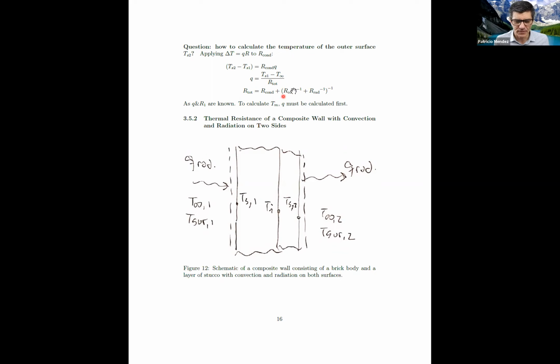For parallel circuits, the reciprocal of the total resistance is the sum of the reciprocals.